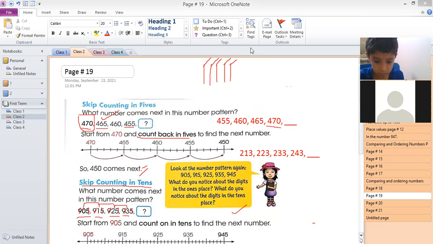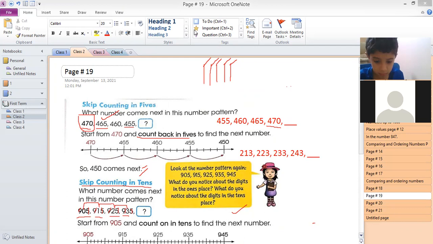Suleiman Abdullah, wrong answer. Omar Nizar, no. Very good, Muhammad Almas. Very good, Umar Amin. So, guys, you are counting in tens.